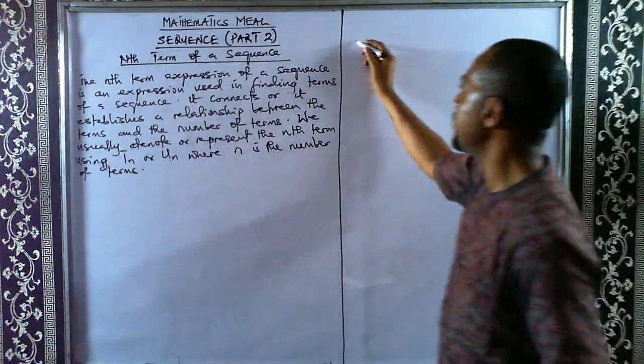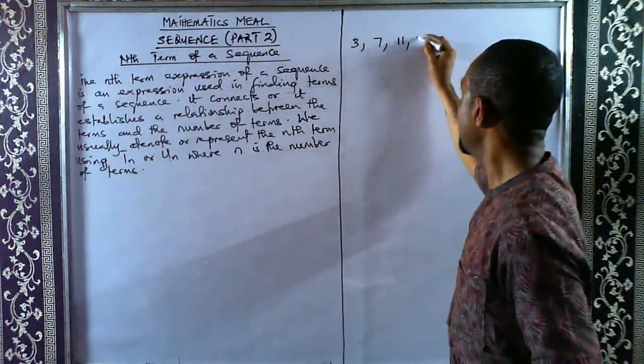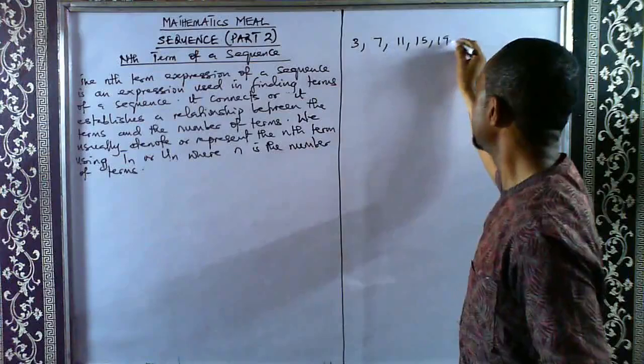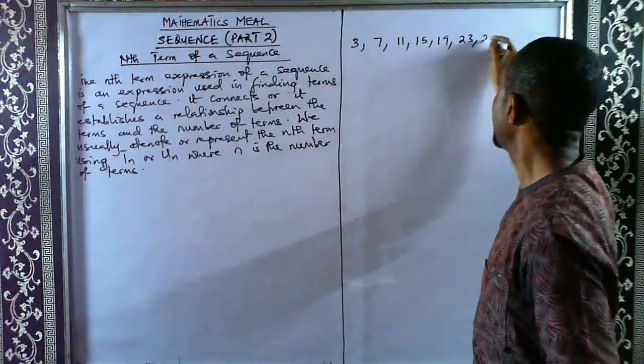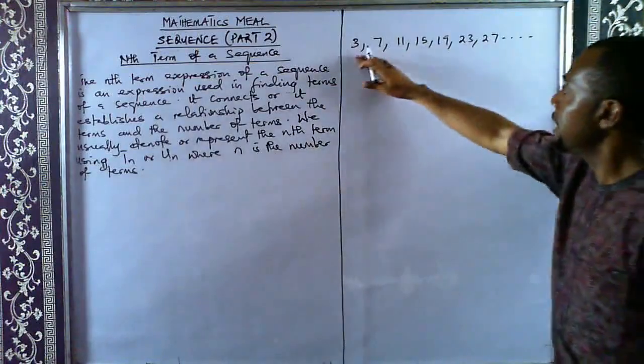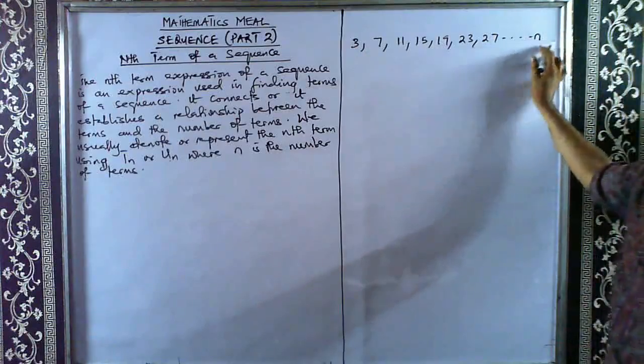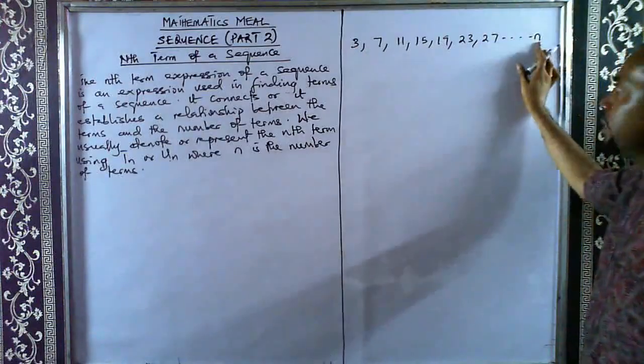Let's say I have a given sequence. I have 3, I have 7, I have 11, I have 15, I have 19, I have 23, I have 27, and so on. Now you know that these terms can continue until you get to a particular term n that I don't know.